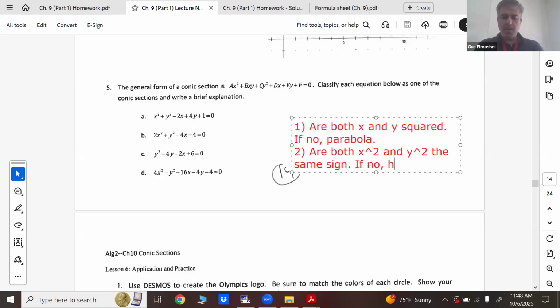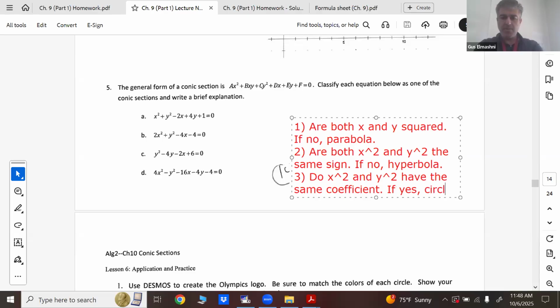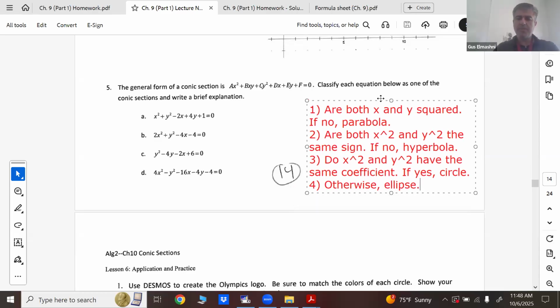If no, hyperbola. This is a flow chart, by the way. Do x squared and y squared have the same coefficient? If yes, circle. Otherwise, ellipse. That's really it.